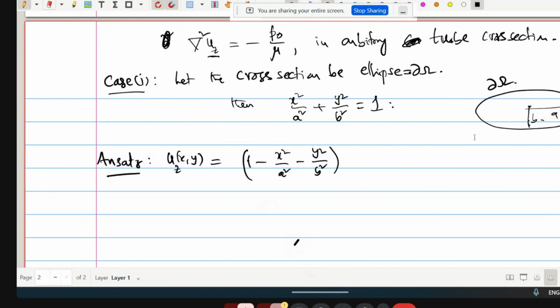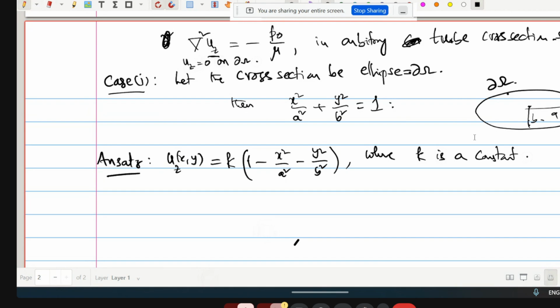If (x,y) is on the ellipse, then automatically this is 0, right? Of course, you have the boundary condition u_z is 0 on dou omega. This is multiplied by some number k, where k is an unknown constant.